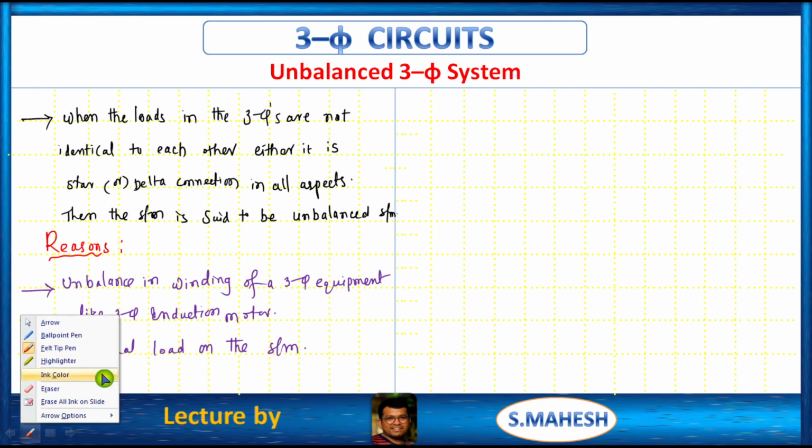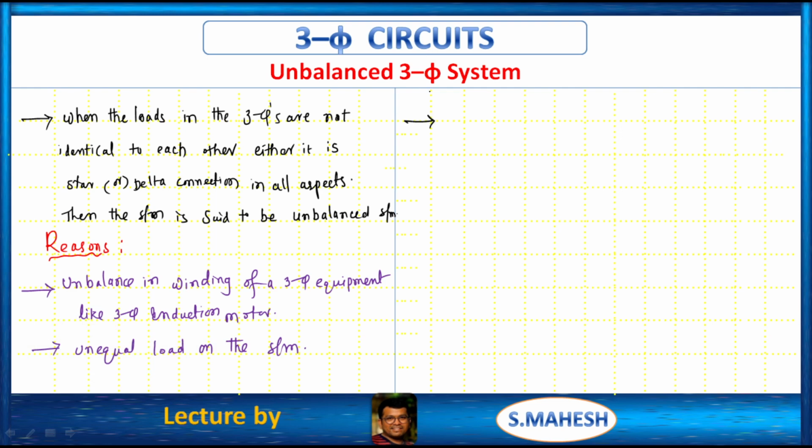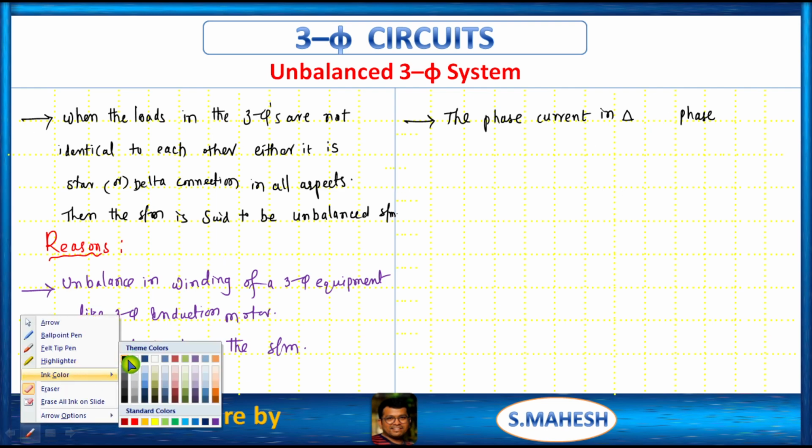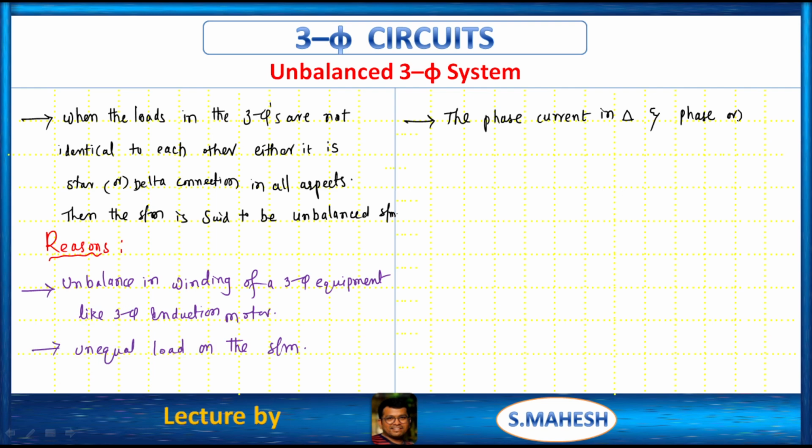You can write that point. The phase current in delta or phase, and phase or line current in star connection, differ in unbalanced loading, right?